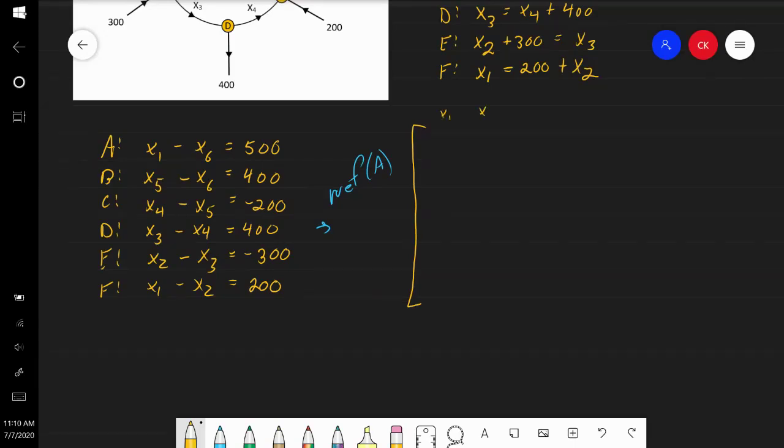And there's a lot of variables here, so I'm going to make sure I get them all accounted for by putting up some variables on the top, just so I know where I'm at. So x1, let's see, we get 1, 0, 0, 0, 0, negative 1, and 500.